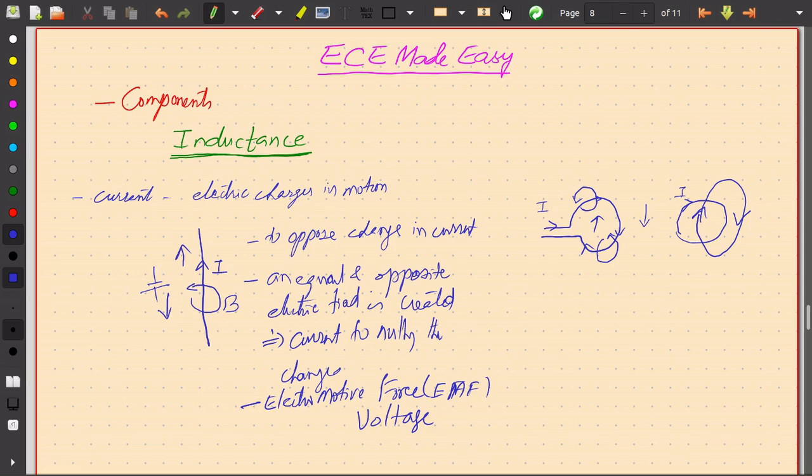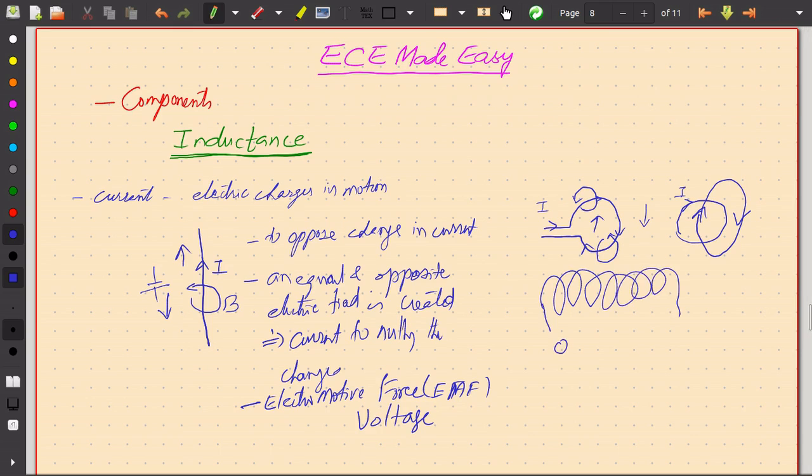Instead of a single coil, if you think of multiple turns, then this whole thing can be viewed as just cut in the center. On this side the current is coming towards us, here it is going away from us, and so on.